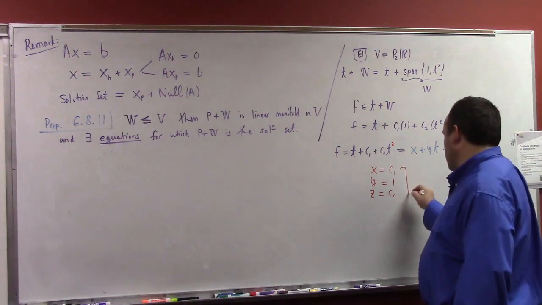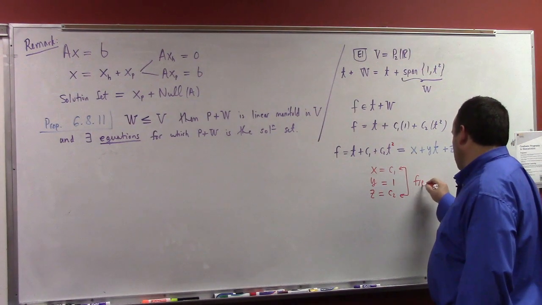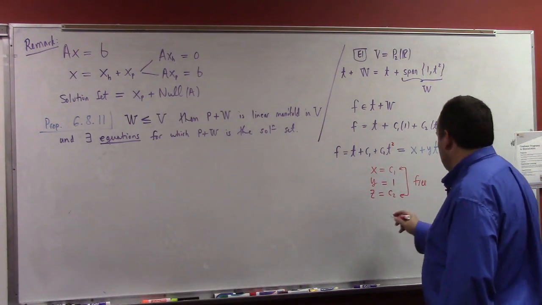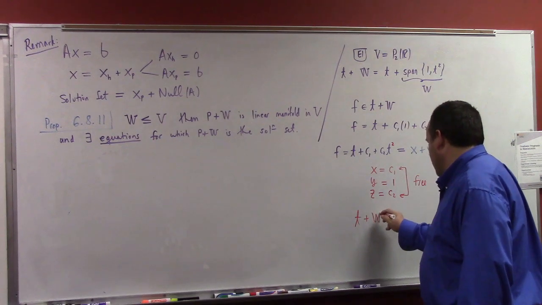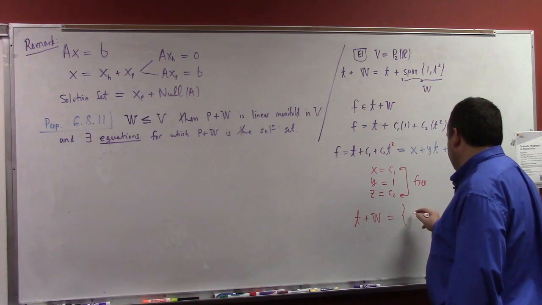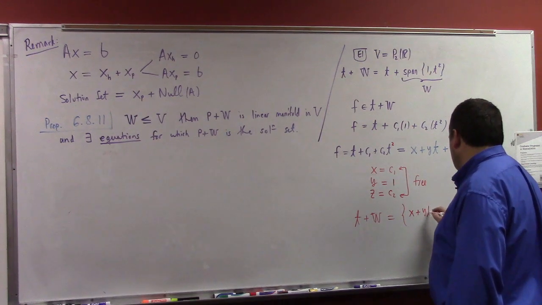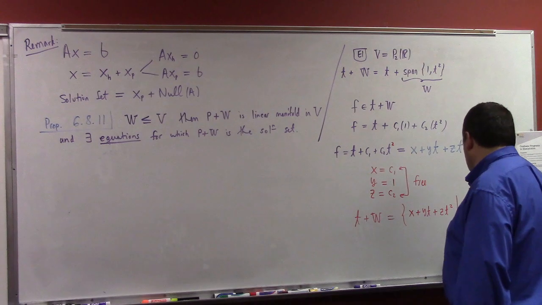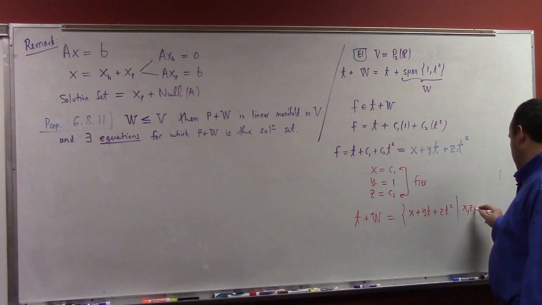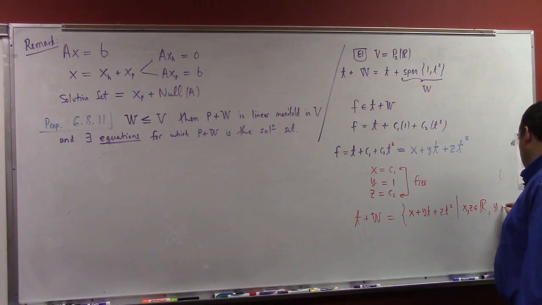So these are free. Nothing really to do there. You're not going to have an equation that involves Z, but T plus W is actually equal to the set of X plus YT plus ZT squared, such that X and Z are elements of the reals, and Y is equal to 1.